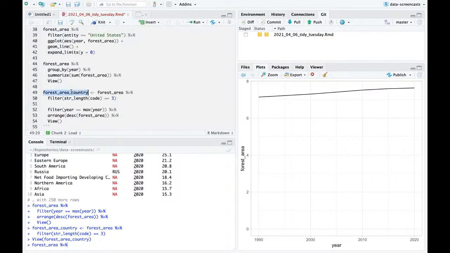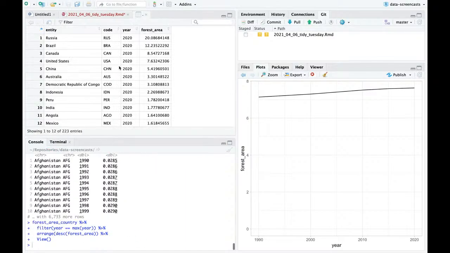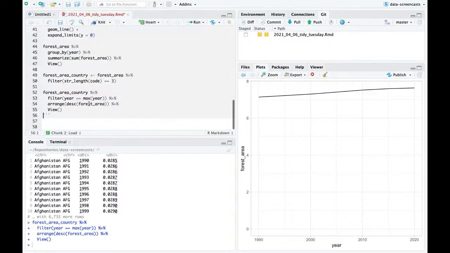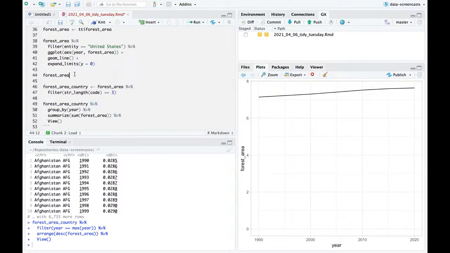Then maybe it's always a country. Yep, now we can see which countries have the largest amount of forest, and it makes sense: 20% Russia, 12% Brazil, 8% Canada. Once I have that, I can group by year and do that analysis, and it will no longer be meaningless.